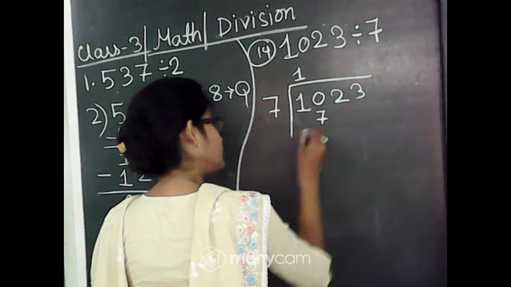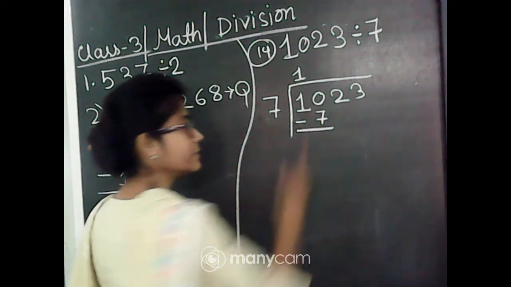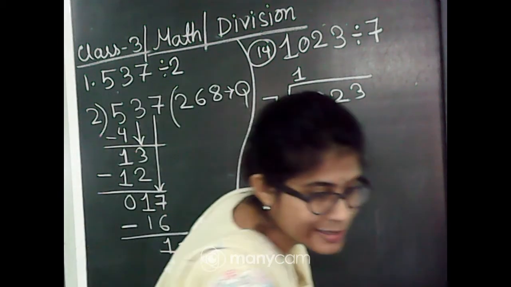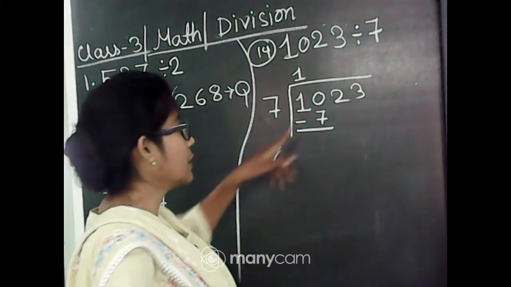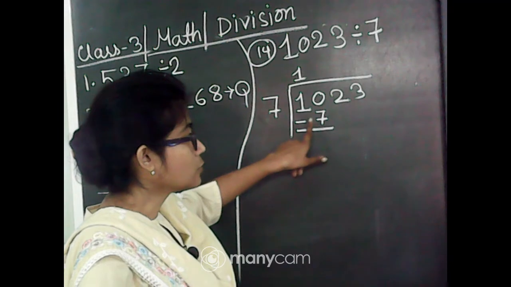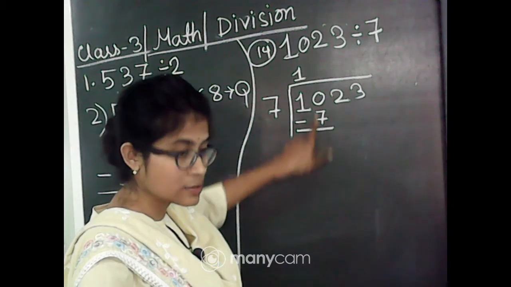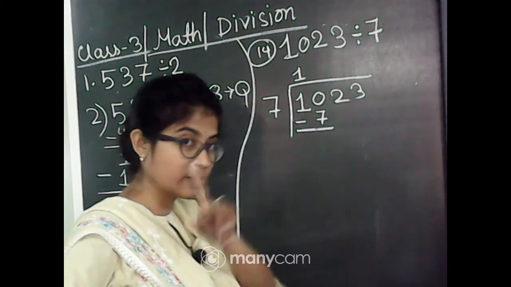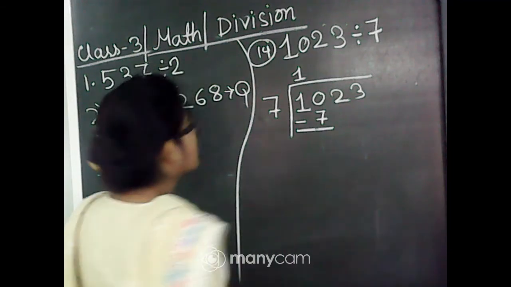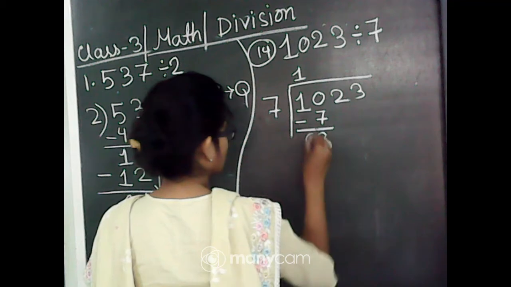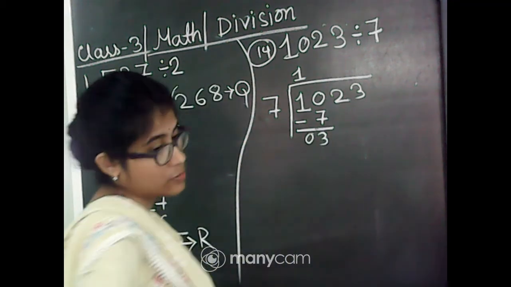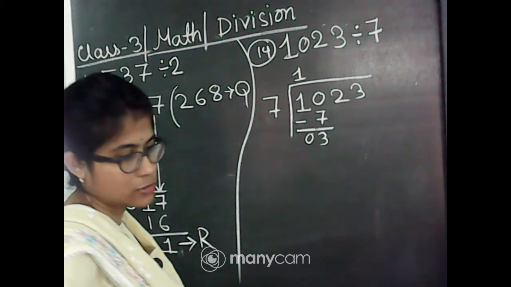Okay. Now see, 10 is a 2-digit number and 7 is a 1-digit number. So we all know that this 7 you have to put below the 0, not below the 1. Okay, make it very sure. Now if you subtract, you will get 0, 3, or only 3.